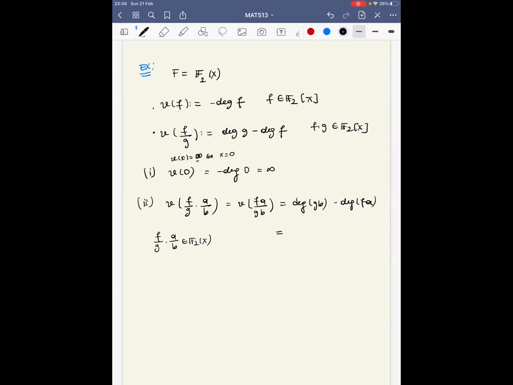And the degree of the multiplication of polynomials is equal to the sum of their degrees. And by rearranging this statement, we can see that this is equal to the valuation of f over g plus the valuation of a over b.